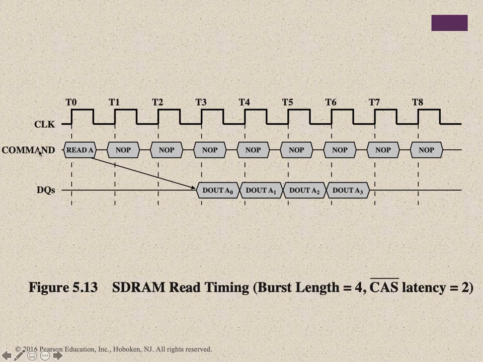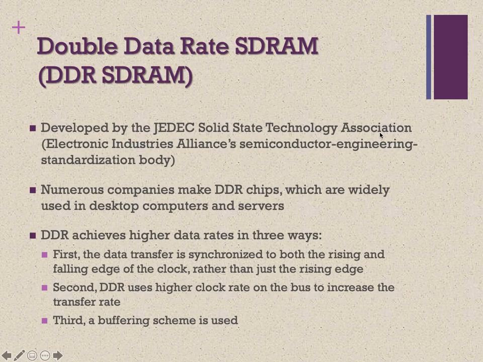Then we have a read command, and since the latency is 2, the next 2 cycles we do not have any other operation, and then the read is performed, and the burst length is 4. So you see D out A0, A1, A2, A3, and then when this operation is completed we move to T7.